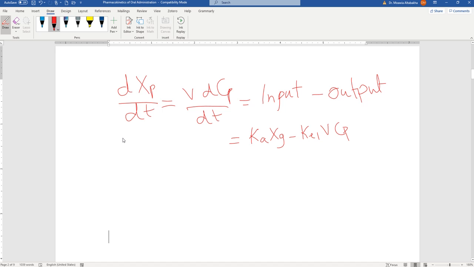With time this starts to decrease, and it decreases very quickly. Why? Because the KA is very large. Right? Remember when I said KA is the door and usually very large compared to KEL. So there is a very fast decrease in this one.